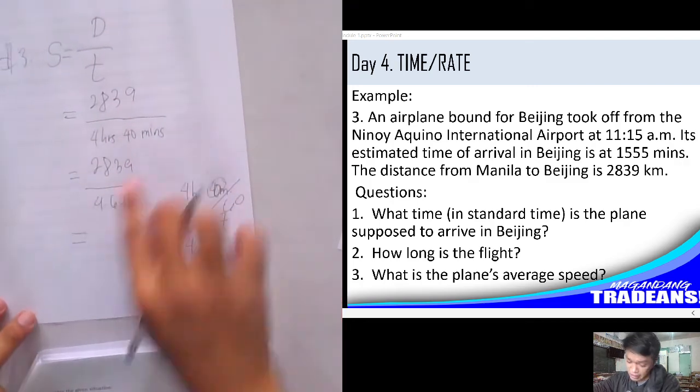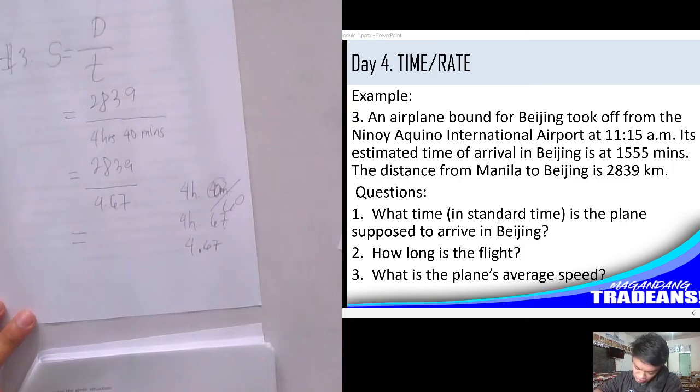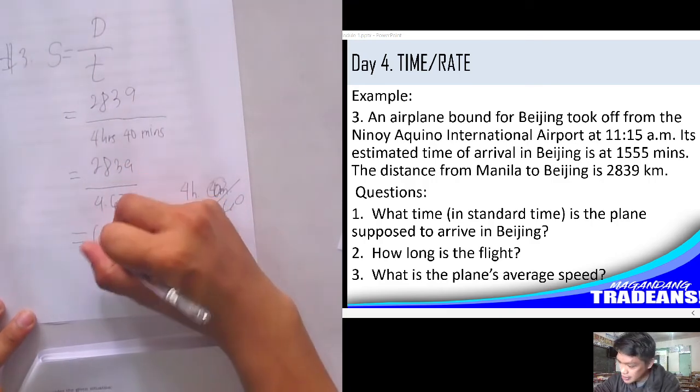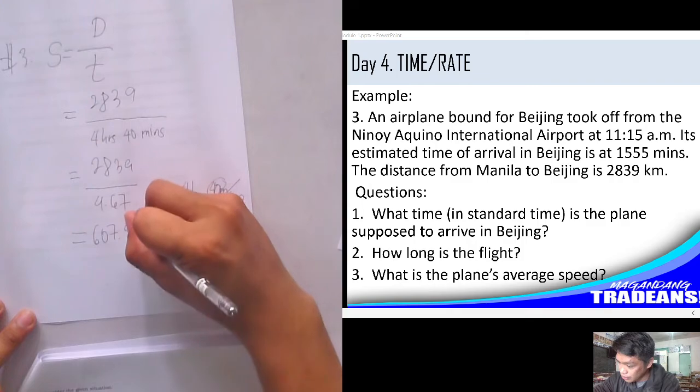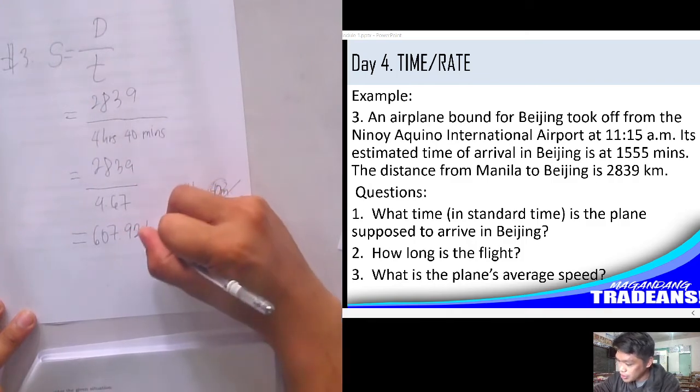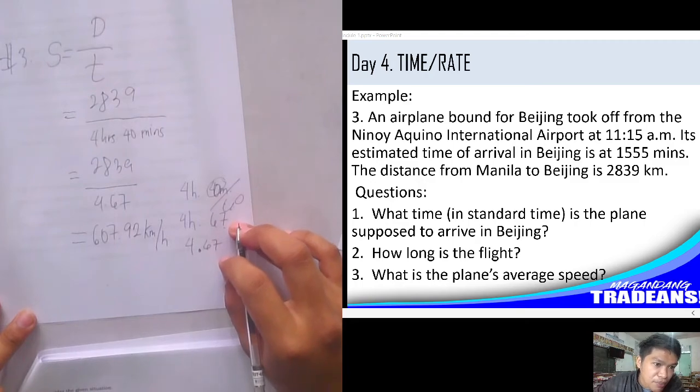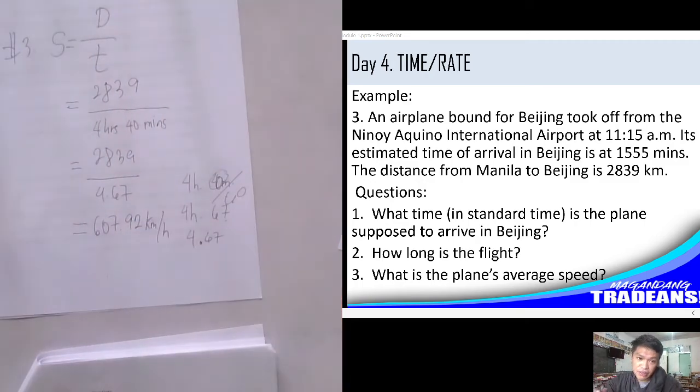So, kapag dinivide na natin 2839 divided by 4.67, the answer now is 607.92 kilometers per hour. Okay, yan na po yung sagot. That is now the final answer.